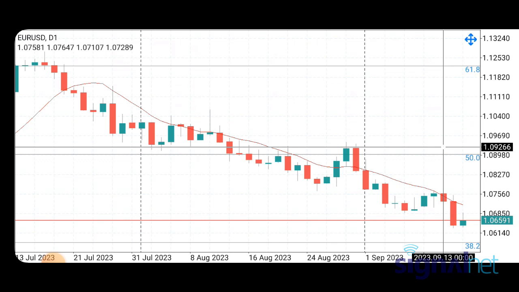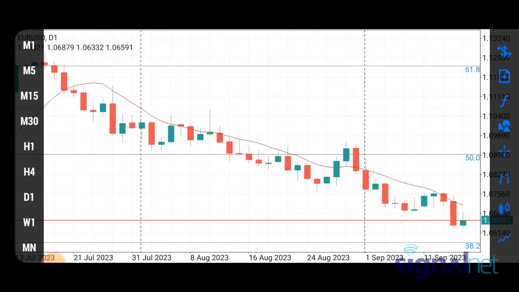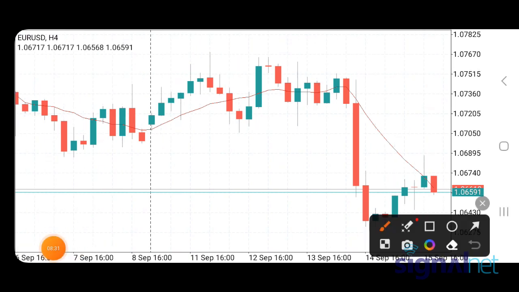Let me go back to the 4 hours again and look at it. Maybe because we already had some kind of pullback on the Euro USD, it's still in the same zone. Even if we use this as the pullback, it's still basically at the 764 we're talking about.